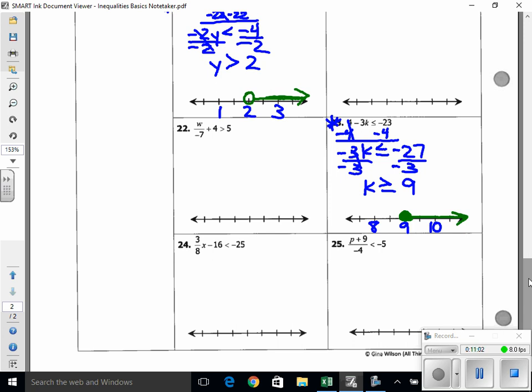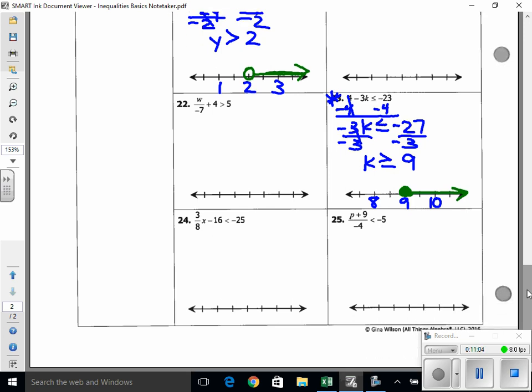Okay, we'll do one more problem from this side. We'll go to number 25. Okay, this is the rule breaker question. It's the one that doesn't follow move the constant first and then move the coefficient. You can't move the constant because the constant's trapped in the division problem.